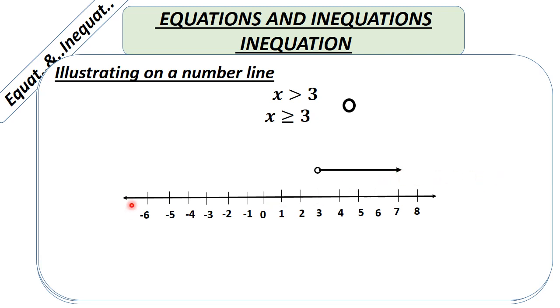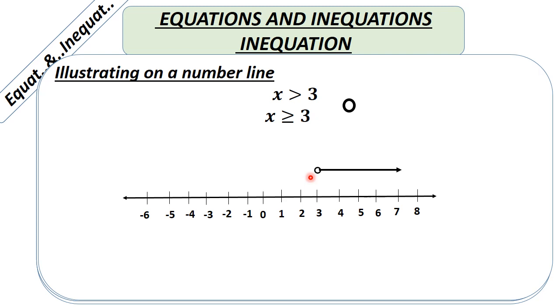Even on the number line, the arrow shows that there are numbers here, but we just don't want to indicate them. So when you are drawing the arrow to show your answer on a number line, make sure that you draw the arrow of any size, it doesn't matter. So this is how to show your answer on a number line.